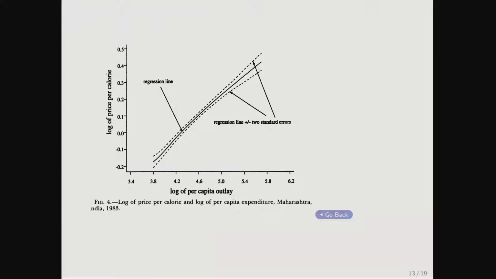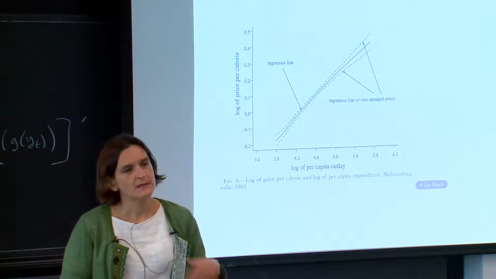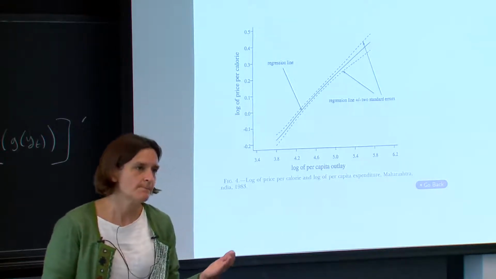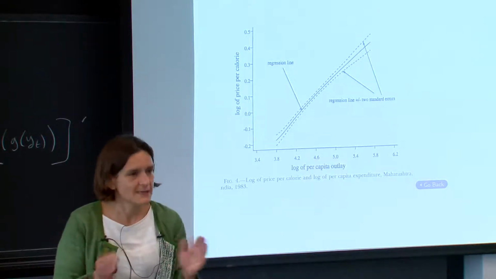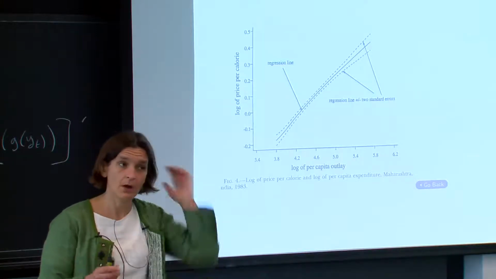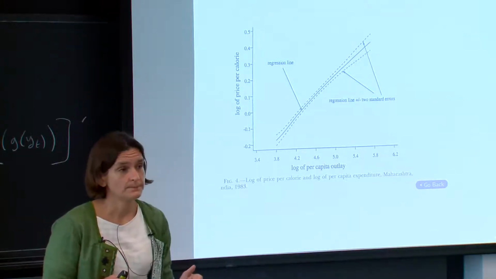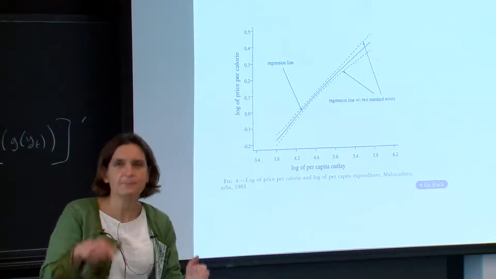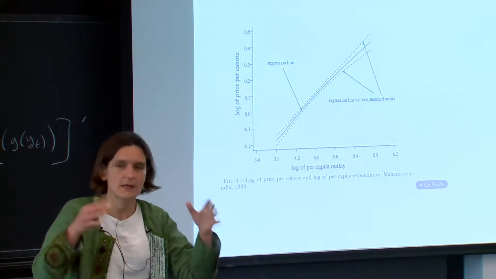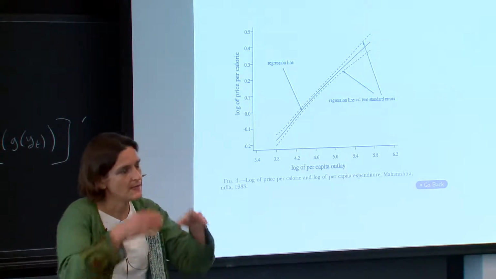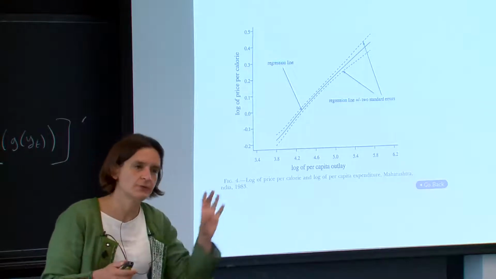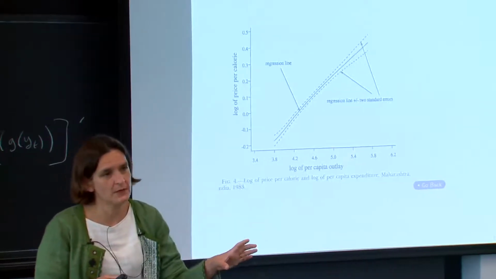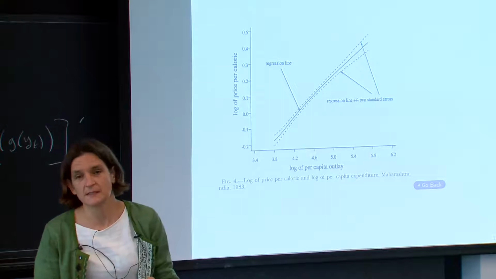So if you sum the two, roughly, as people become 10% richer, they spend 8% more on food. And this 8% is again shared roughly into 4% in more expensive calories and 4% in more calories.